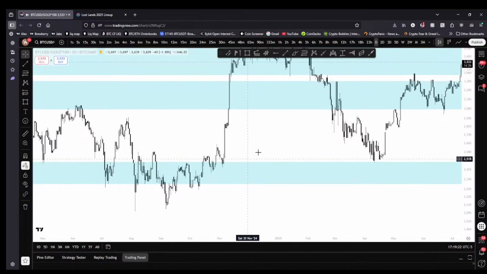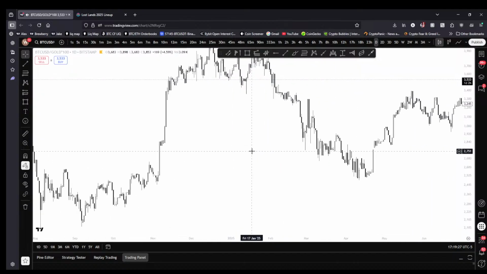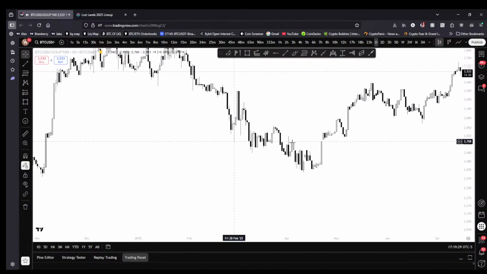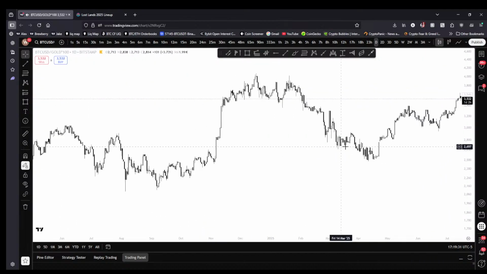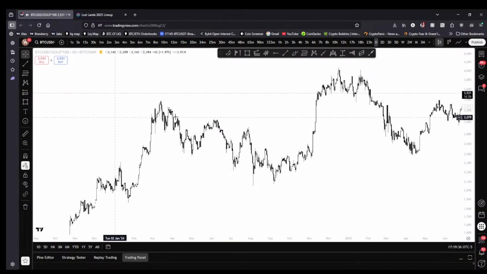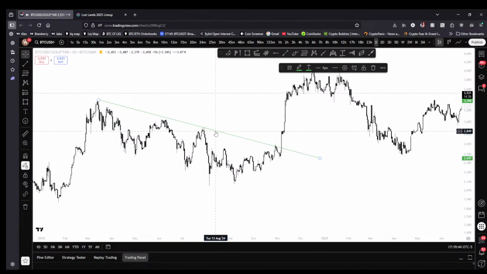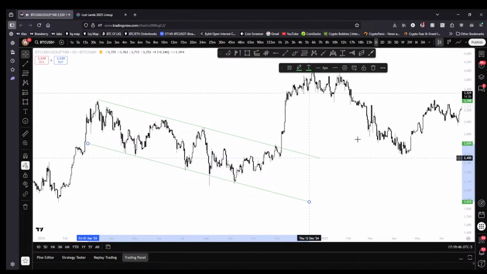For example, so back whenever we broke out of the 74K range, right? We broke out of the flag, right? We don't really care about patterns, right? But this is just an example, right?